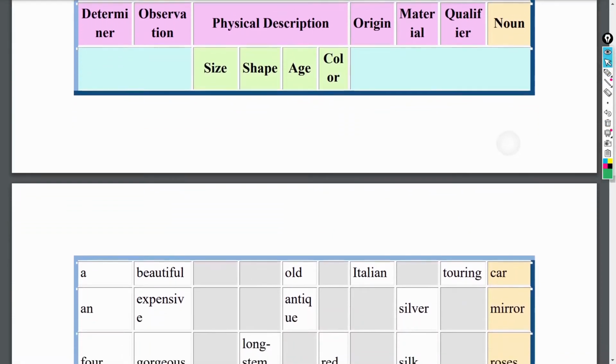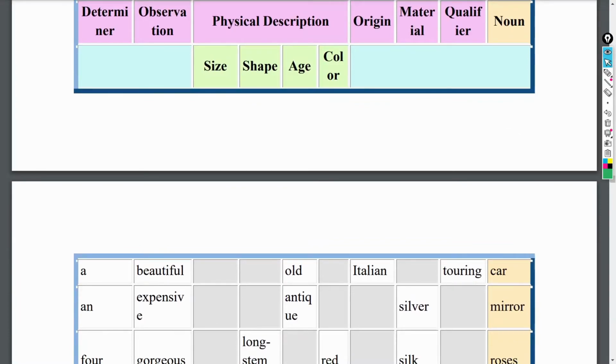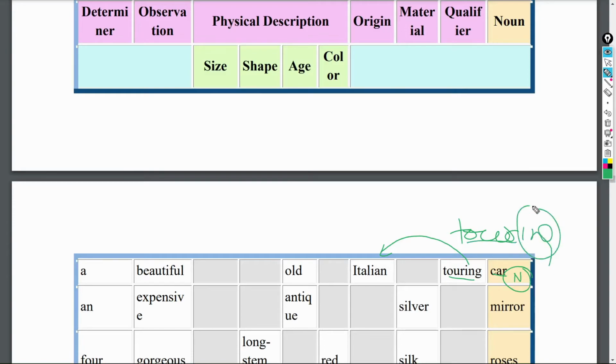Now, a beautiful old Italian touring car, ये था टोटल डिस्क्रिप्शन। देखिए ये कार है, this is the noun, और इसके सामने देखिए बहुत सारे एडजेक्टिव हैं। टूरिंग, ये टूर से आया, उसके बाद ing add हुआ, ये पार्टिसिपल हुआ, है ना, पार्टिसिपल होके एडजेक्टिव जैसा काम कर रहे हैं। So now Italian, coming from Italy, then becomes Italian, means it is the name of the country or the origin.